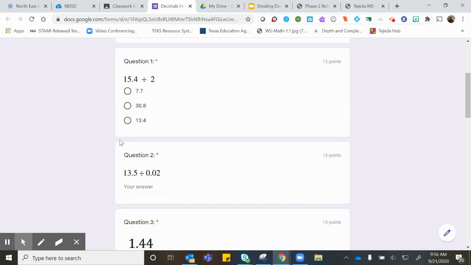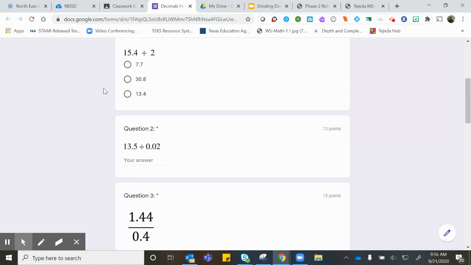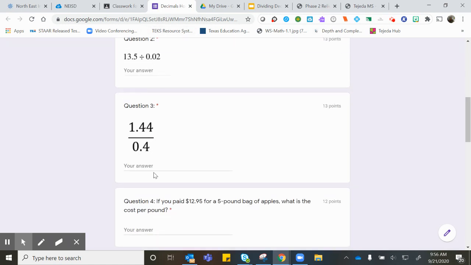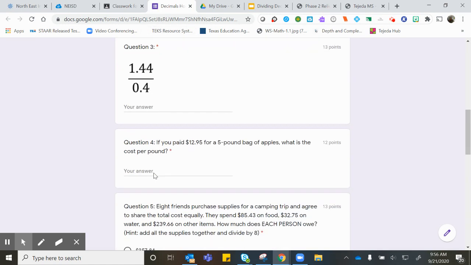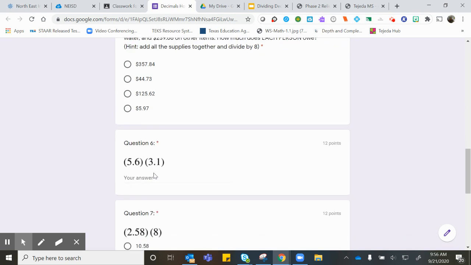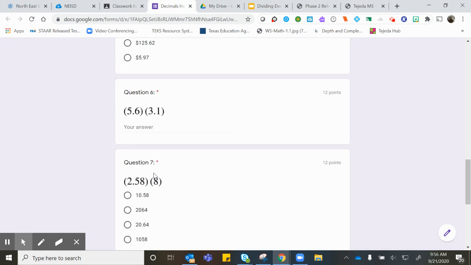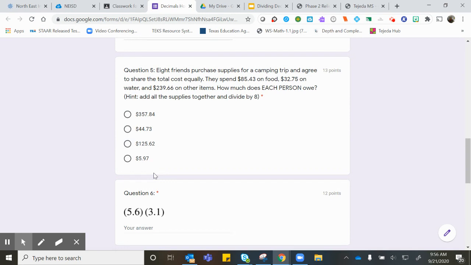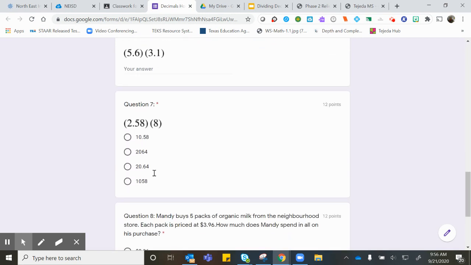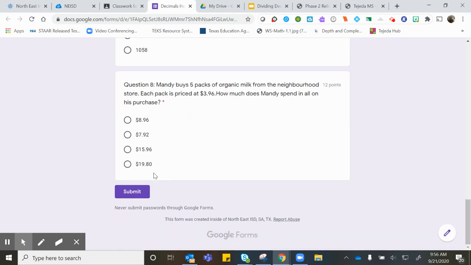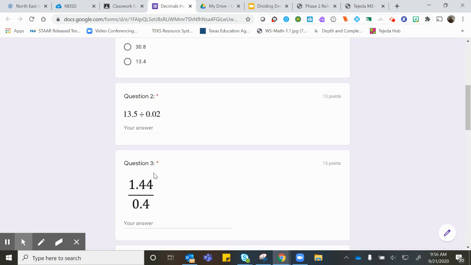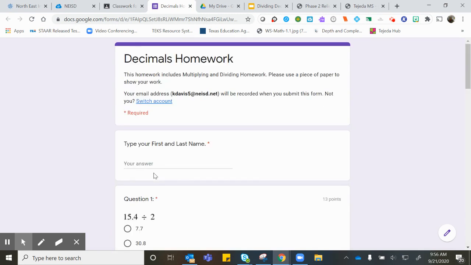So scrolling through this, I see some are going to be multiple choice. Others are going to be where you type it in. We have some word problems. And then starting at question 6, we have our multiplication. So be careful when you are solving through this. Take your time. You should be using another piece of paper to show your work. Don't just try and do this in your head.